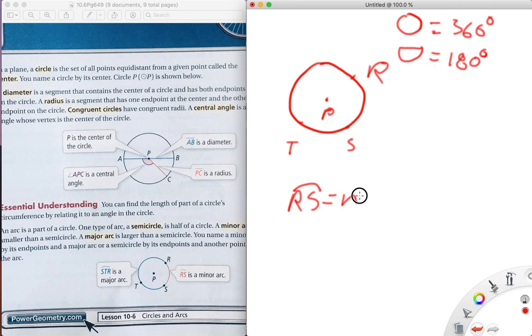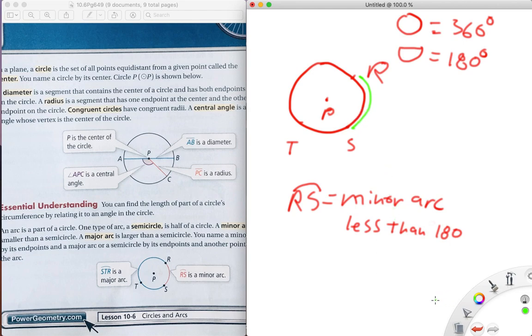This would be a minor arc, and it's a minor arc because it's less than 180 degrees. So we call that a minor arc. And notice that it has two letters, the R and the S. So this would be my minor arc, RS.